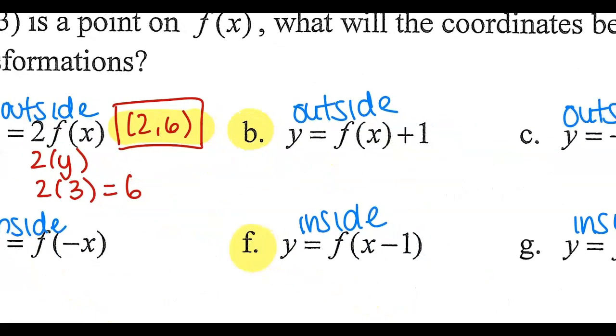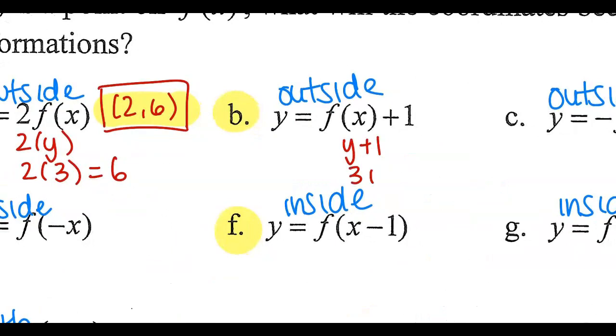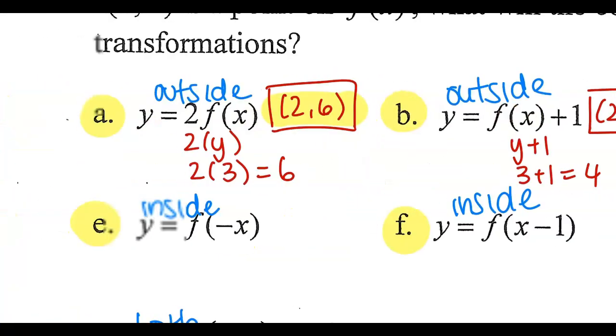So over here, I'm going to take all of my y's and add 1. For us, there's only one y, and that y value is 3. So we take 3 and add 1, which gives me 4. So my new point is (2, 4). That's my answer. I don't think I had any more on this row, but I do have some on this row.